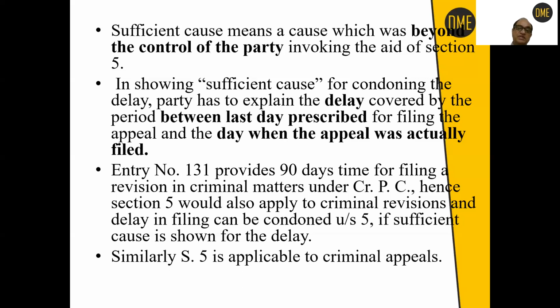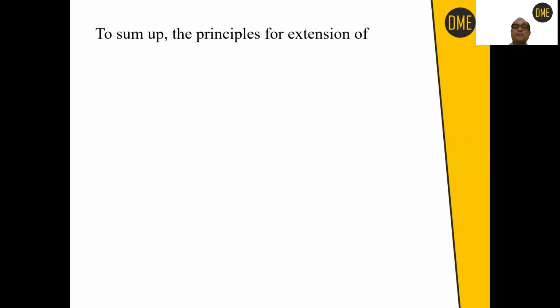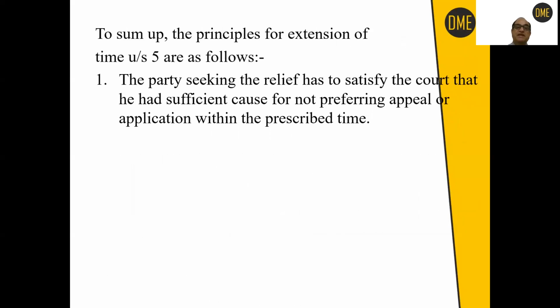Similarly, dear students, this Section 5 is equally applicable to criminal appeals also. To sum up, if I may summarize the principles on the basis of which application under Section 5 can be allowed, the principles are as follows.